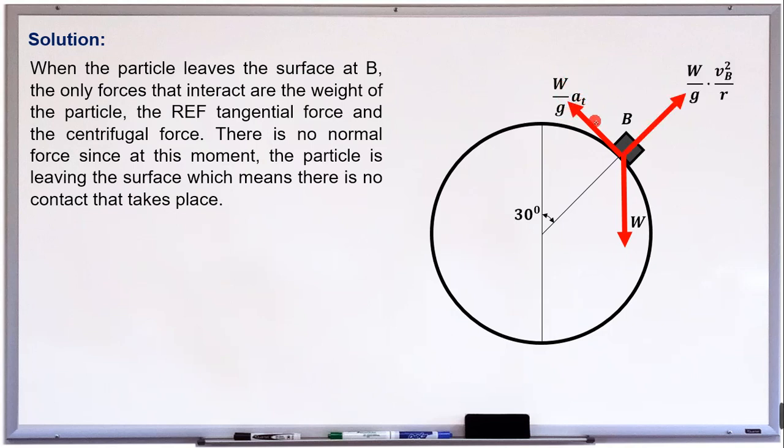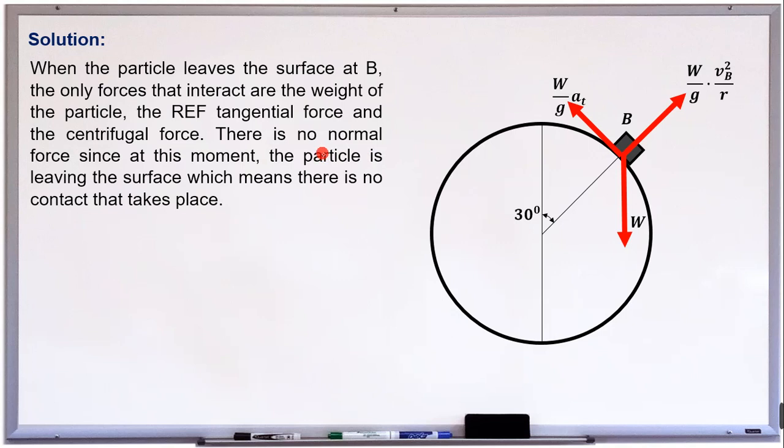And lastly, the centrifugal force, which is a force opposite to the centripetal force, which is directed towards the center. So this is our centrifugal force. This force is directed outward from the center of the circular motion. So we have here W over g times VB squared all over r.